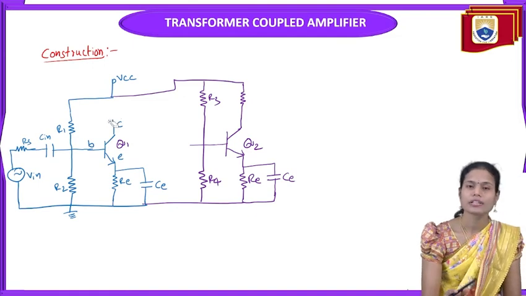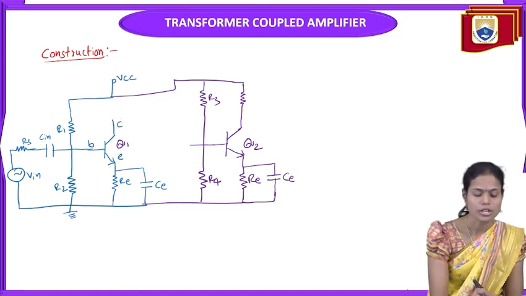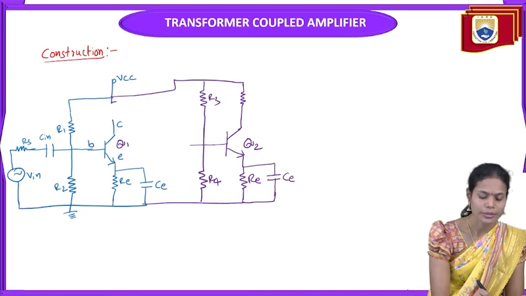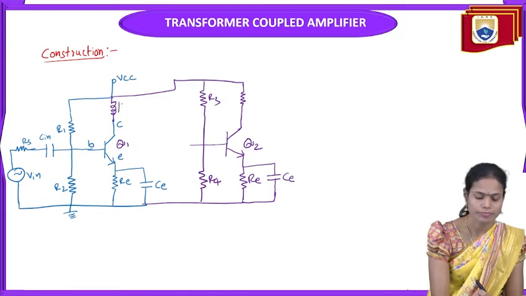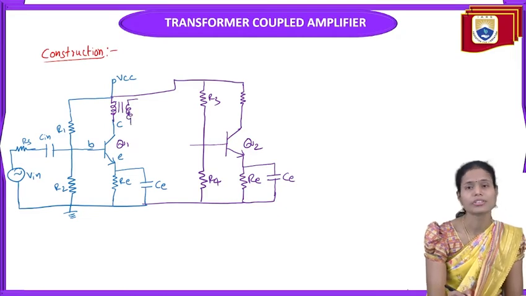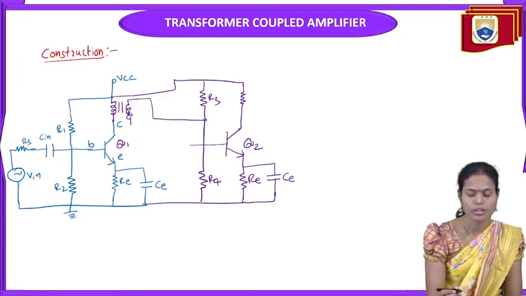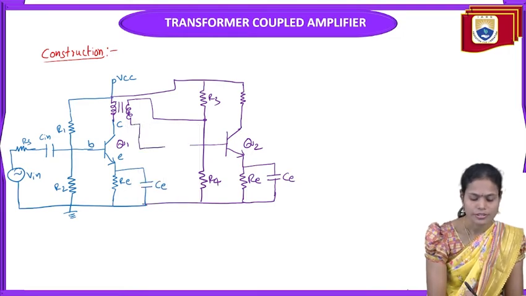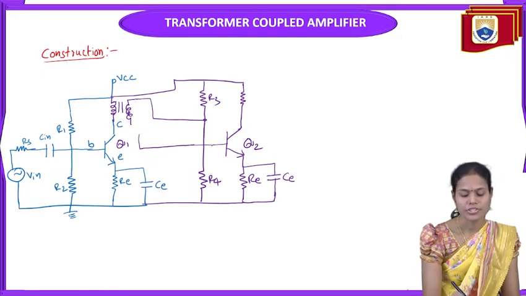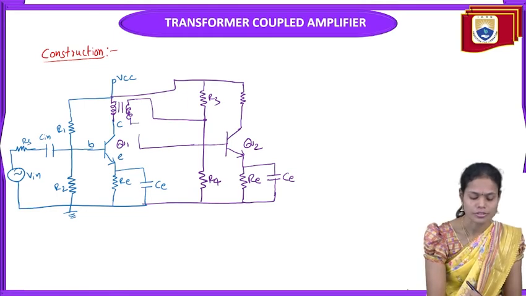See here, in the place of the collector also we are not utilizing any resistor. The transformer primary itself provides the required collector resistance here. The secondary winding of the transformer, the first end of the secondary winding, is connected to the potential divider circuit, and the second end of the secondary winding is connected directly to the base terminal of the transistor here.